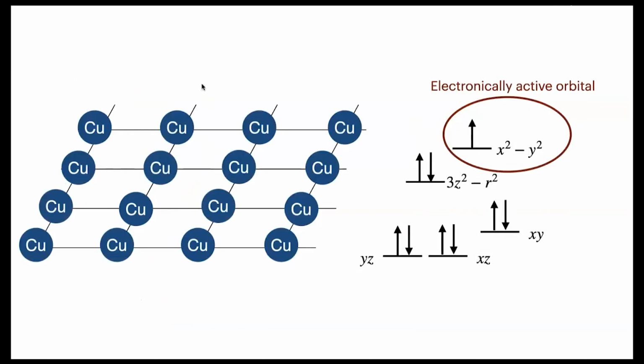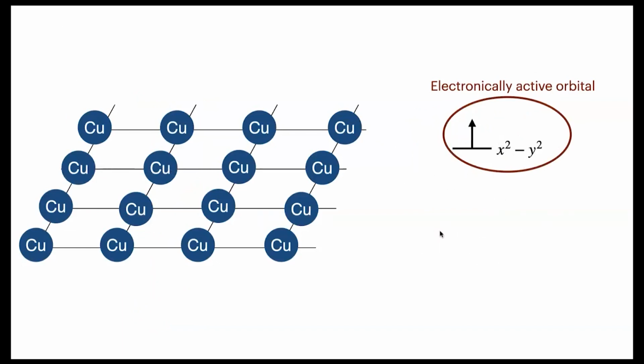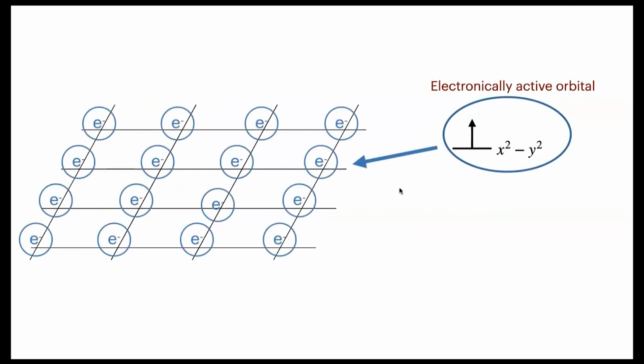So you have a 2D lattice of copper atoms with one electronically active orbital. And of course, usually have some hole doping. It's not actually half filled. Okay. So many models are built this way, including models that are not, say, density functional theory or dynamical mean field theory driven, basically start from pictures like this.